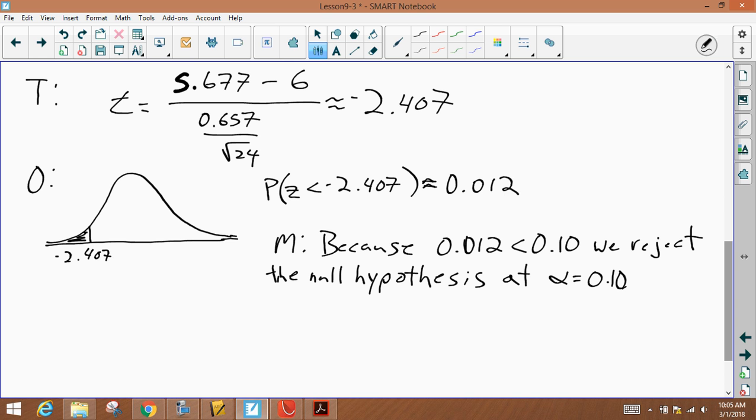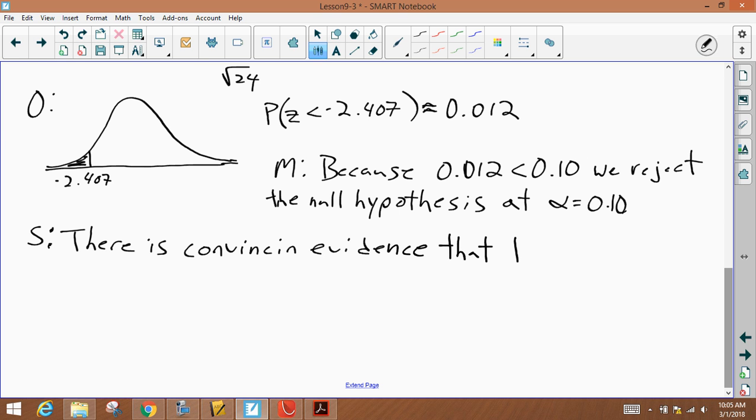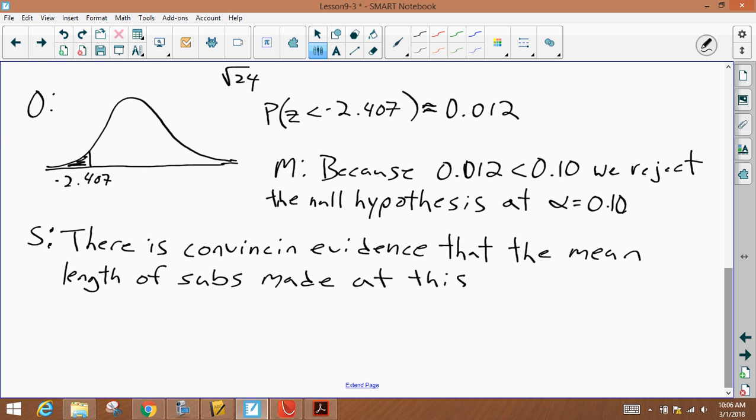And last, let's state our answer in context. So there is convincing evidence. And I'm just going to check if they're being specific about saying during this month.